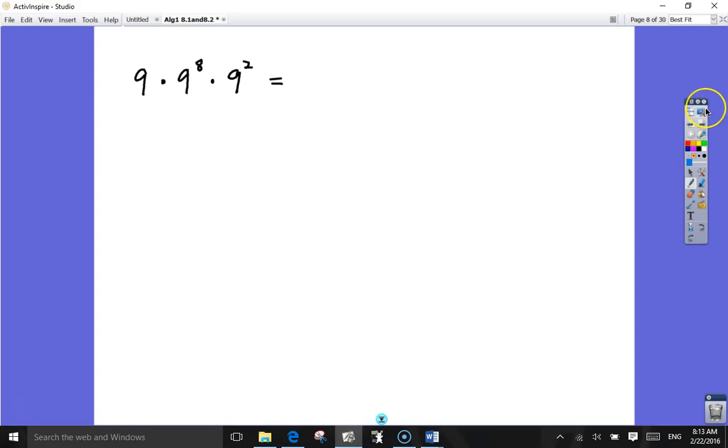How about this one? How many 9s is that? Okay. So what about the first one? If you don't see an exponent, that means it's a 1, right? It's there once, but we don't have to put a 1 there. We know that. But when you're adding up the exponents, you got to include that 1. So this is going to be 9 to the 1 plus 8 plus 2, which is 9 to the 11th.